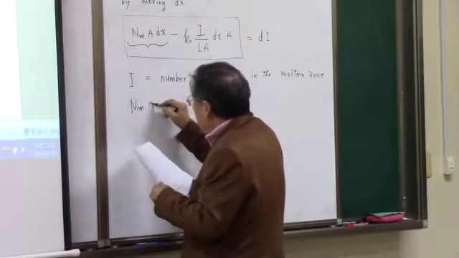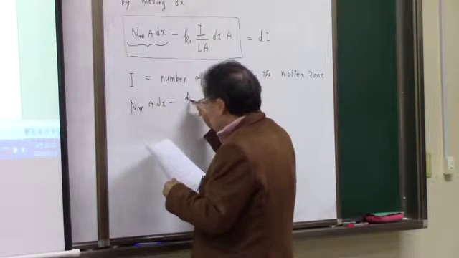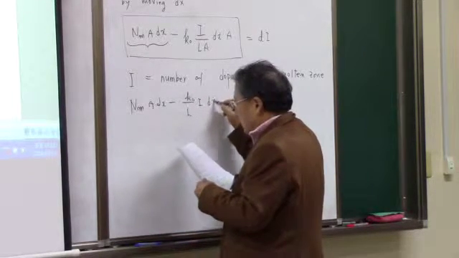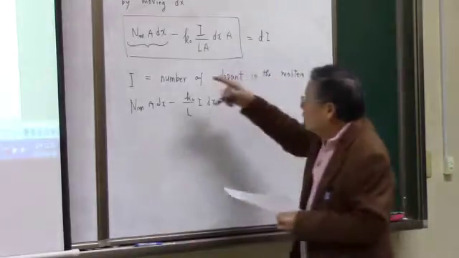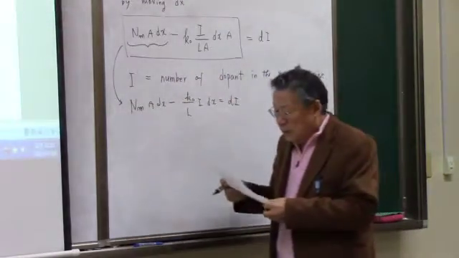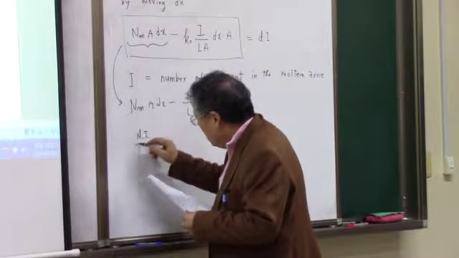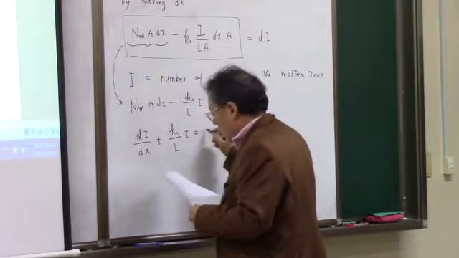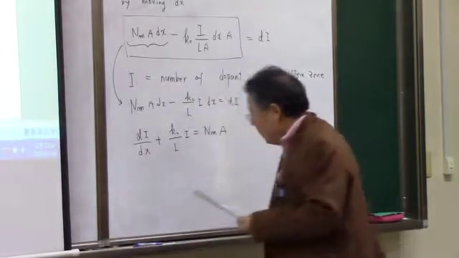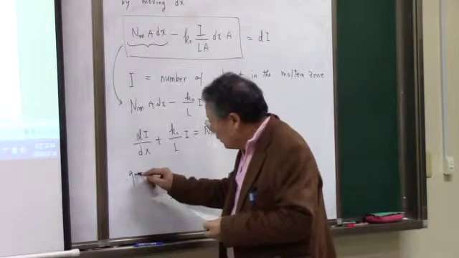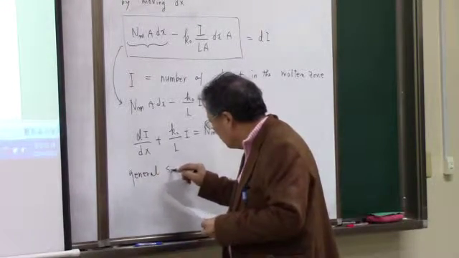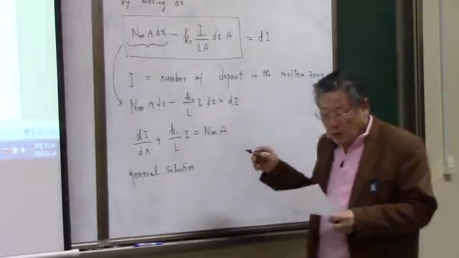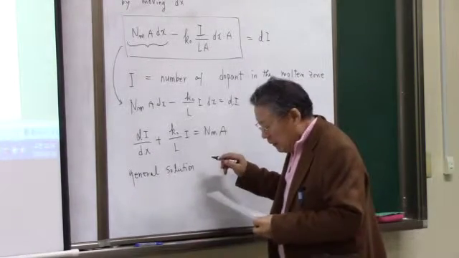Let me just do this here again. dI over dx is equal to the change, I just rearrange this equation, and it's going to be dI/dx plus K naught over L times I equal to N naught A. And we are supposed to have a general solution of this. You have to remember the mathematics that you learned a long time ago.